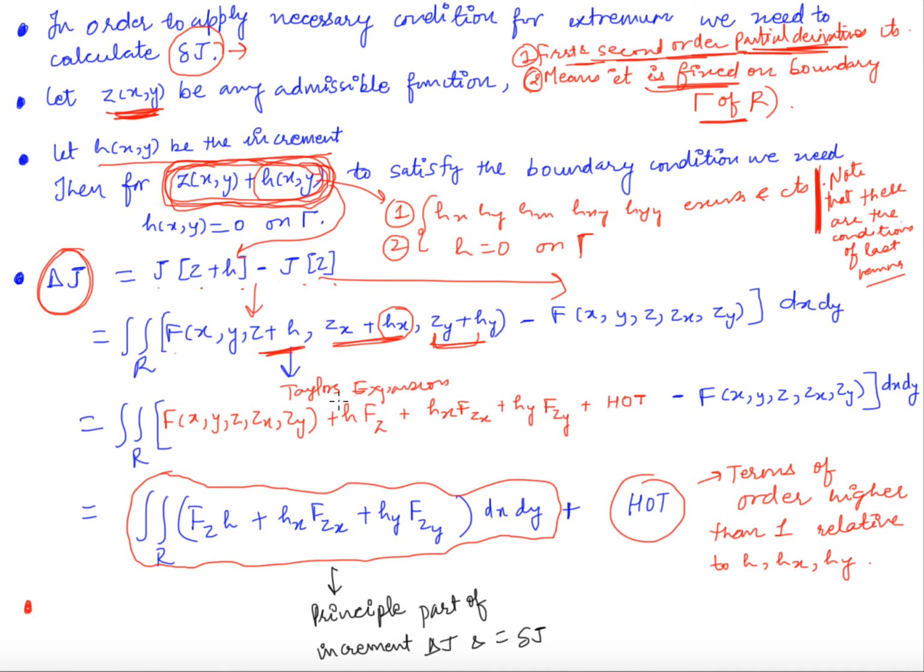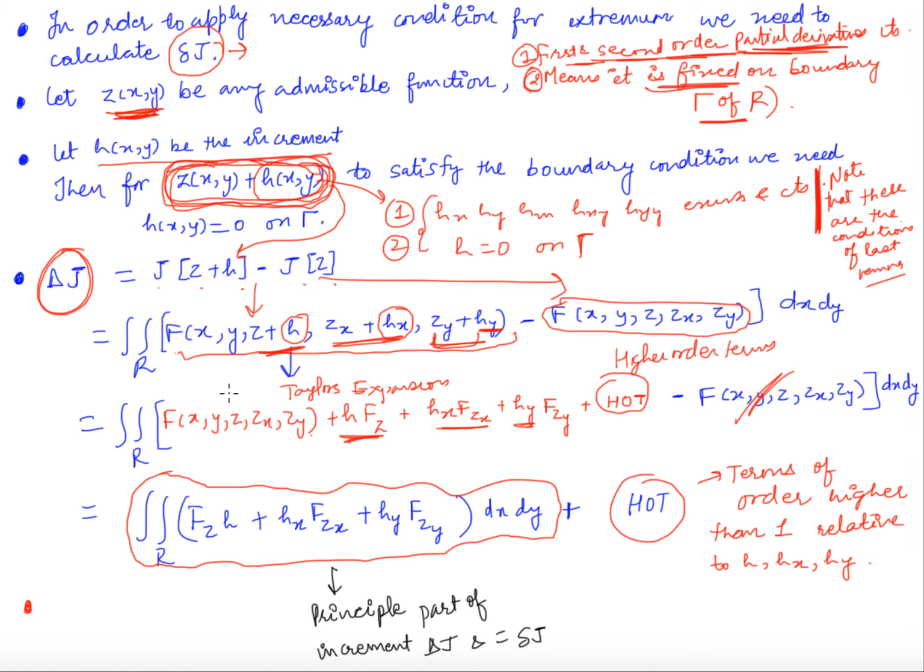For this, use the Taylor's expansion for three variables. So you'll get f(x, y, z, z_x, z_y) plus h times the partial derivative of f with respect to z, then h_x times the partial derivative of f with respect to z_x, then h_y times the partial derivative of f with respect to z_y, plus higher order terms, minus this f(x, y, z, z_x, z_y).